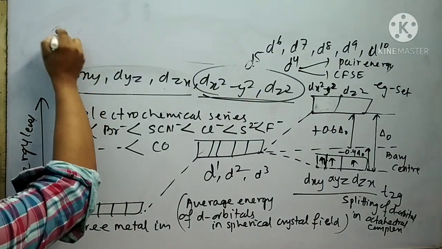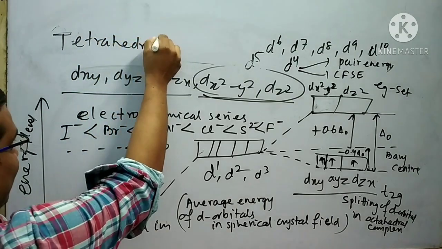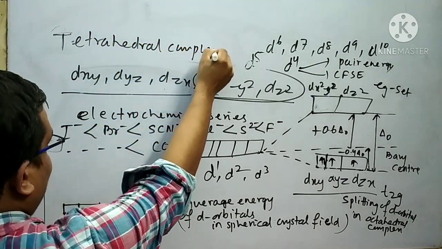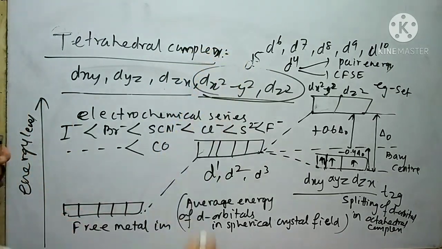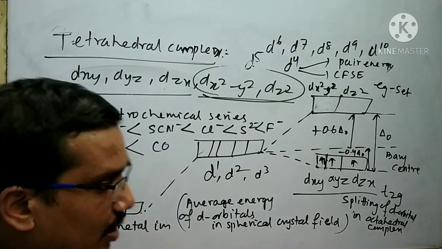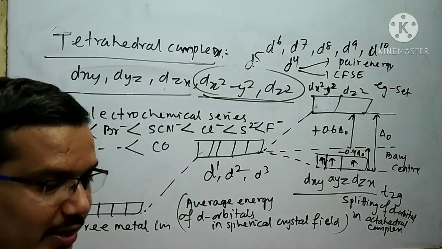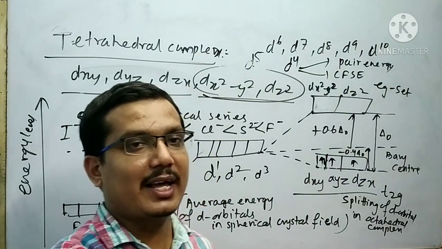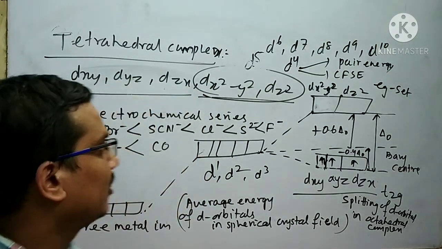Next I will explain about the tetrahedral complex. For the formation of a tetrahedral complex, generally the four ligands approach the central metal atom in between the axes, so the orbitals present in between the axes feel more repulsion from the ligands.